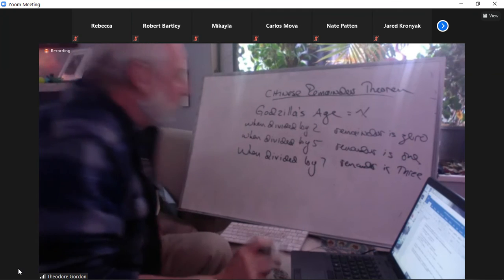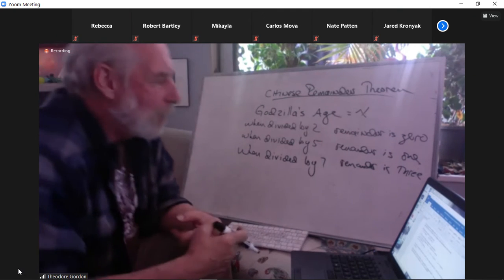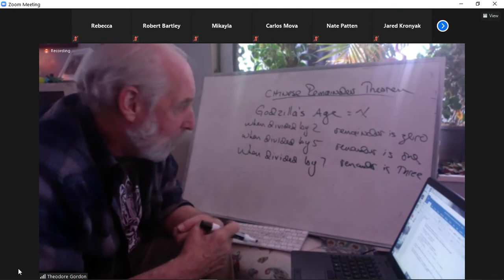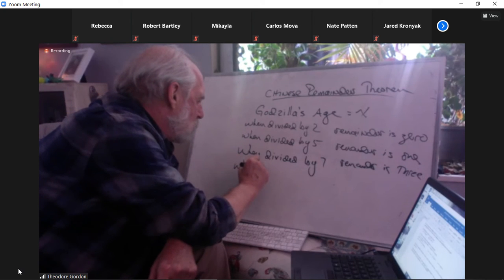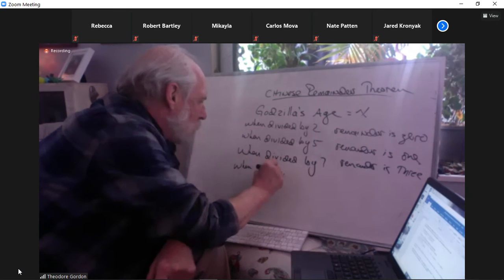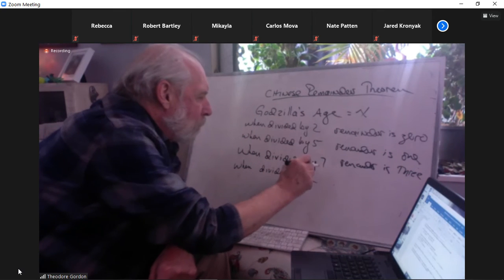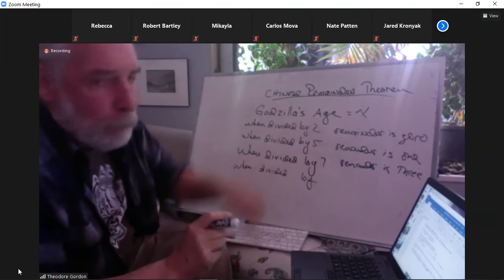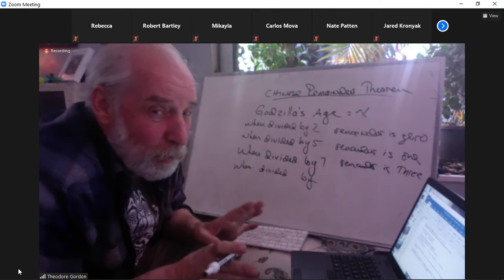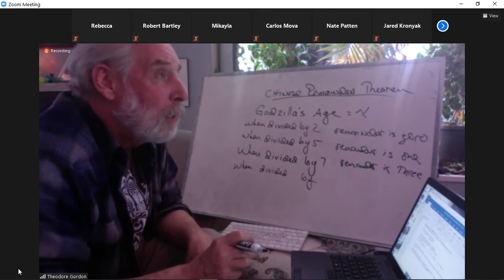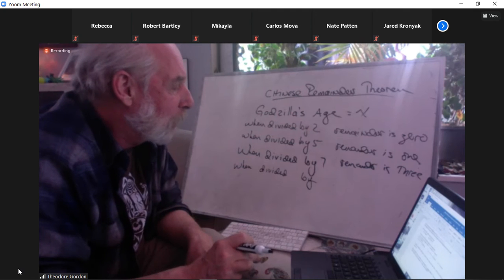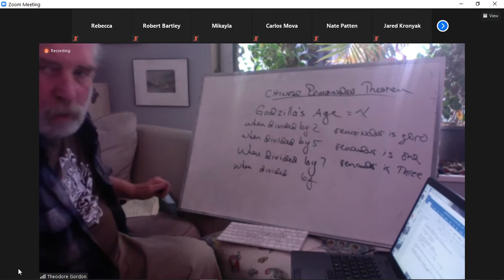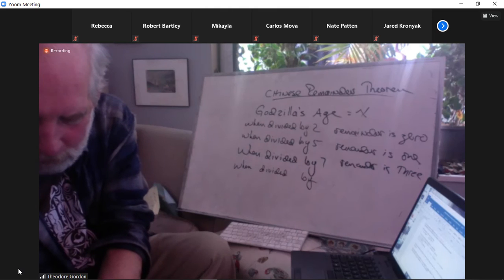So divide Godzilla's age by 7, and the remainder is 3. Now notice I've used prime numbers so far. You don't always have to use prime numbers. If we divide it by... give me a second here. I don't want to make one of my dumb arithmetic mistakes.